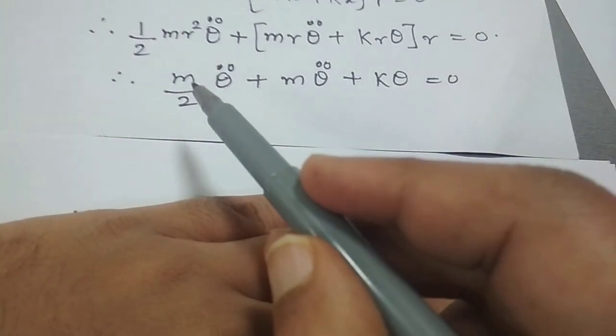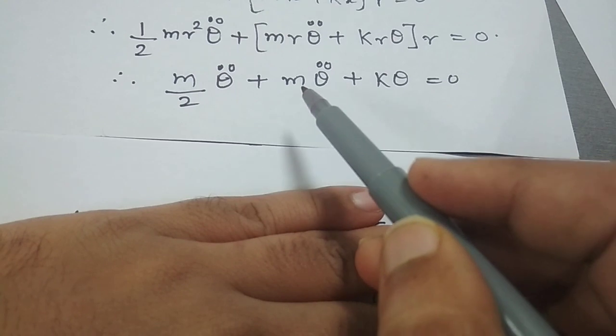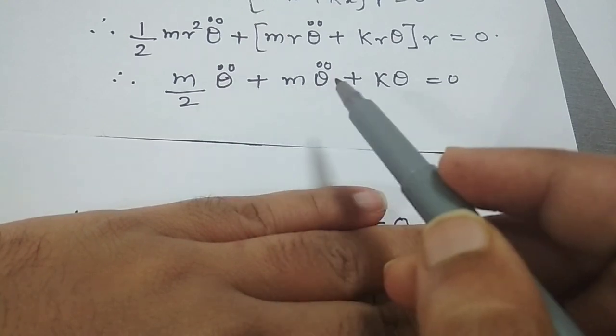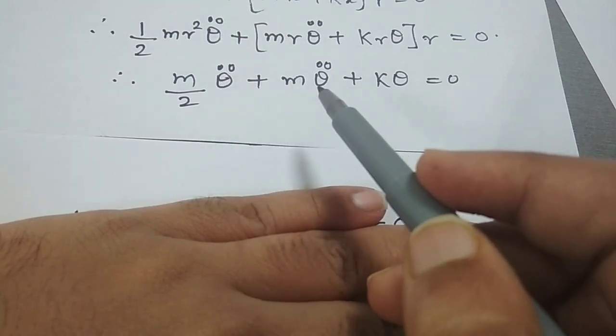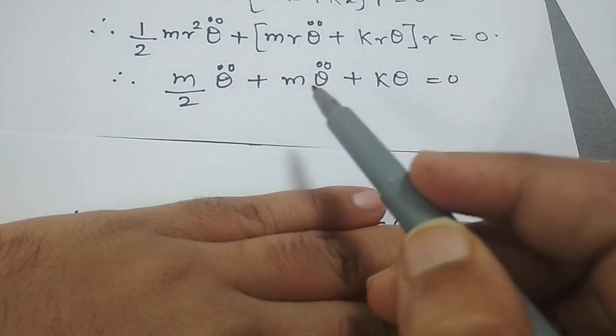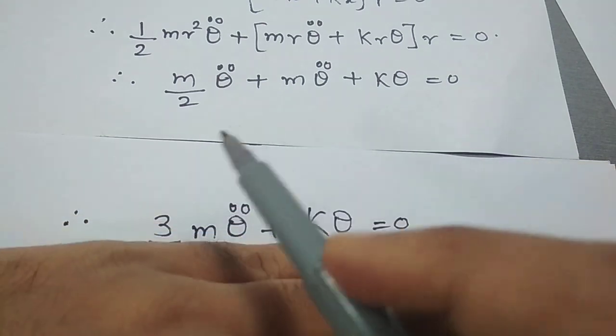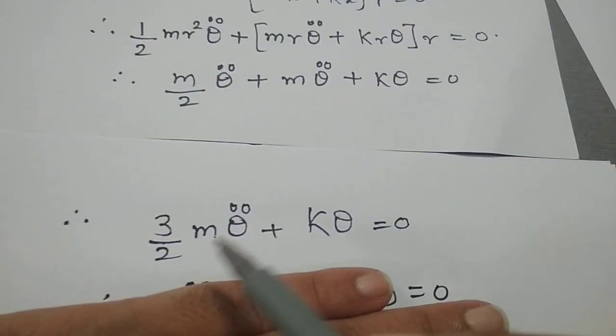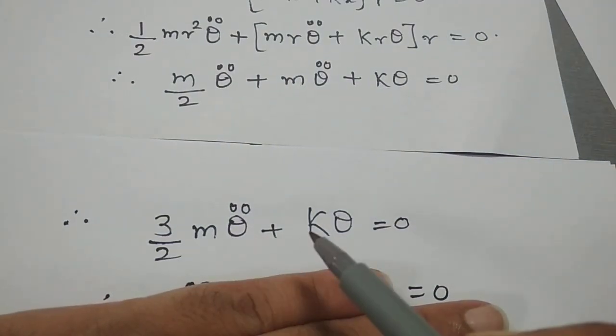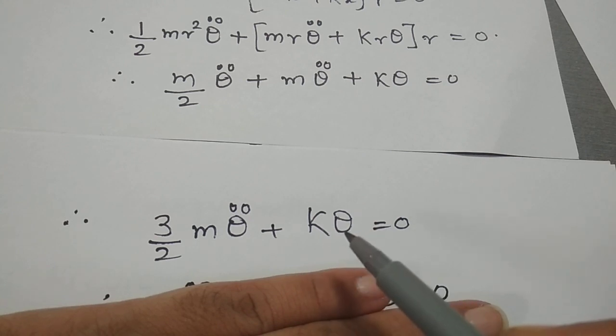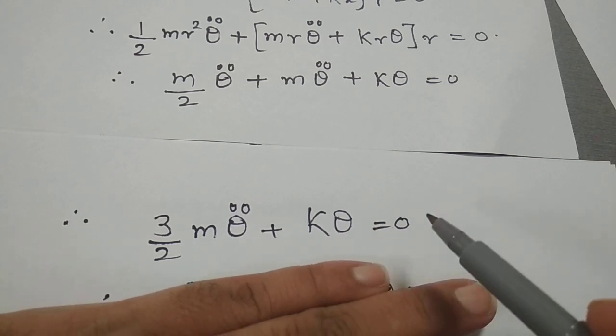This is m divided by 2 and m. Theta double dot can be considered as a common. So m divided by 2 plus m, that will be 3 by 2 m. So 3 by 2 m into theta double dot plus k theta is equal to 0.